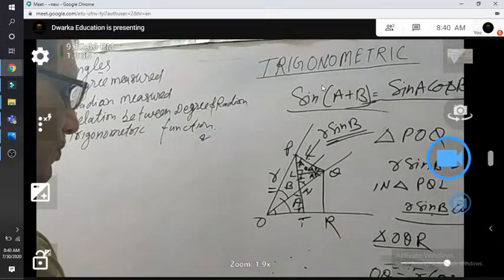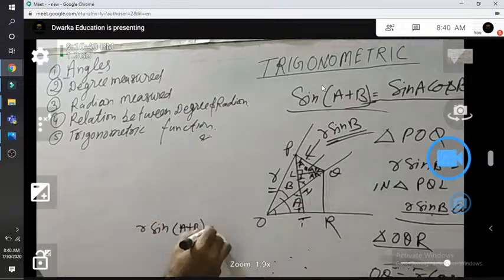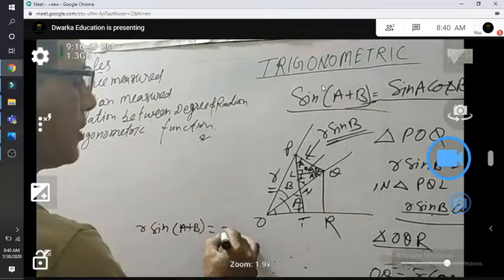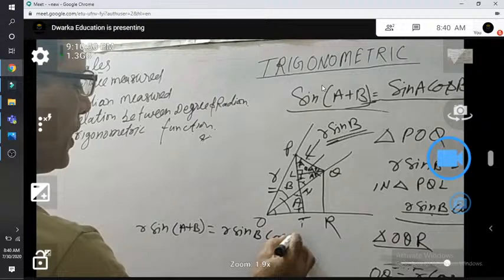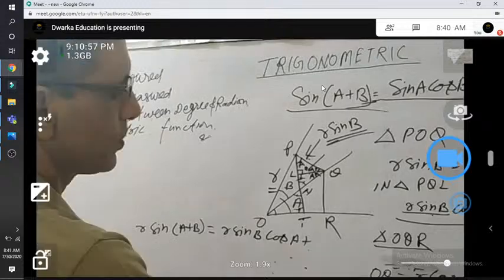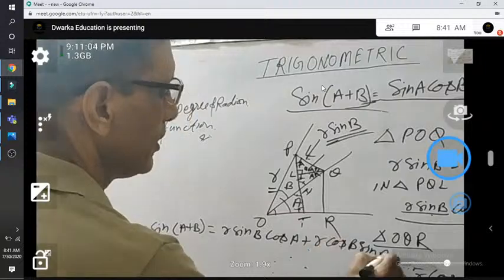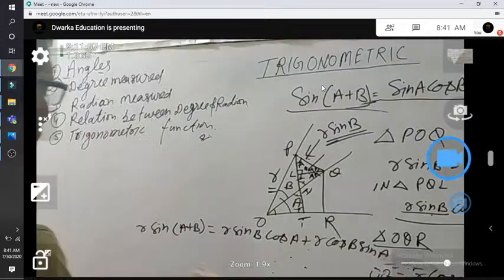Put the value. PT is equal to R sine A plus B is equal to PL, where is the PL? R sine B cos A plus LT. LT, what is the LT? LT is equal to PQ, and PQ is equal to R cos B sine A, and divide both sides by R.